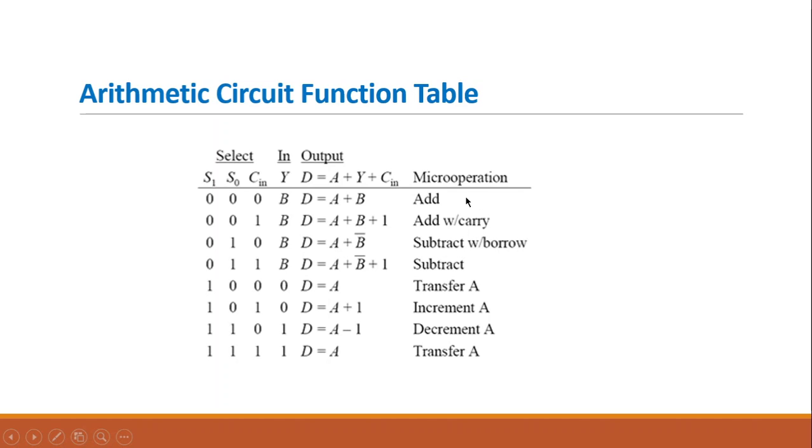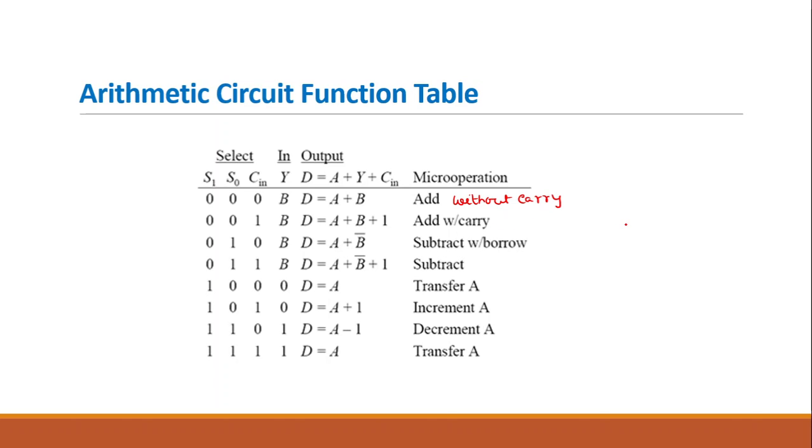In the first case, Cin is 0, so it is addition without carry. And the second one is the addition operation with carry.